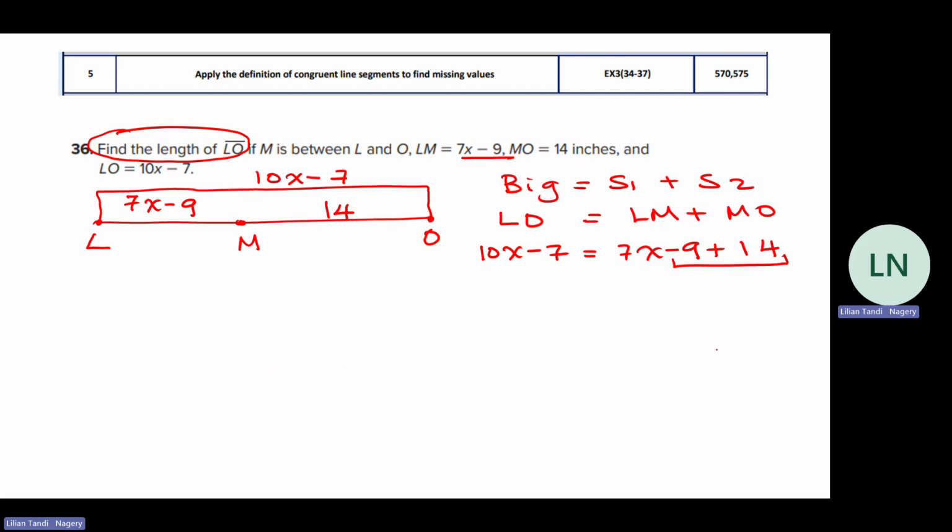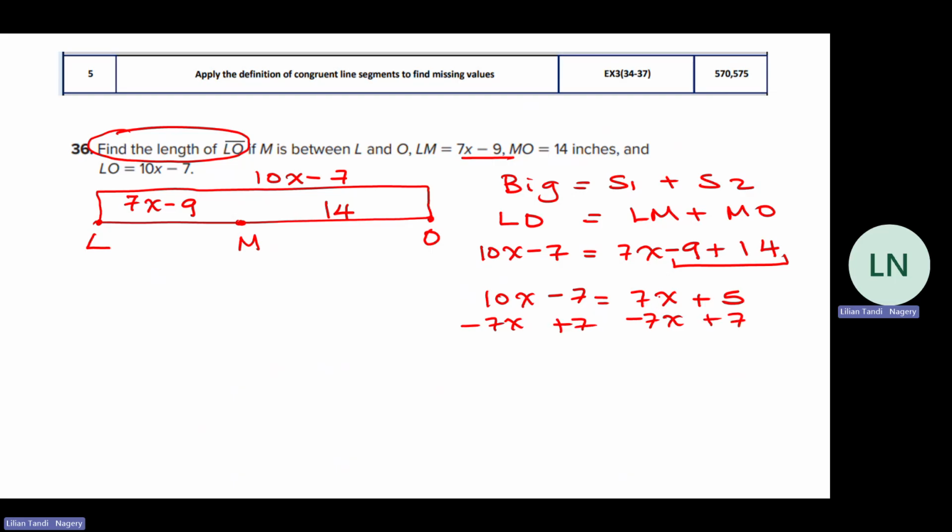These are friends, and that should be 5. So this is 7x plus 5. Okay, and on this side, I have 10x minus 7. Letters on the left, numbers on the right.